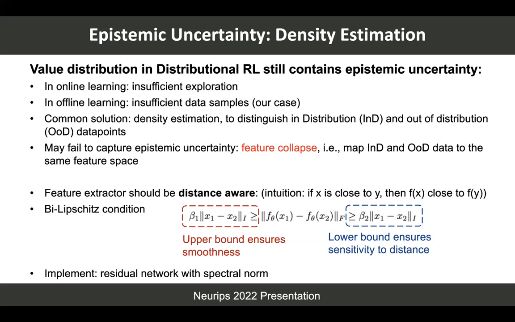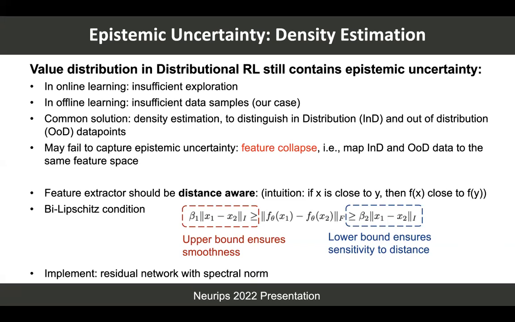So the epistemic uncertainty is due to insufficient data samples. For epistemic uncertainty estimation, a common solution is to use density estimation to distinguish in-distribution and out-of-distribution data points.